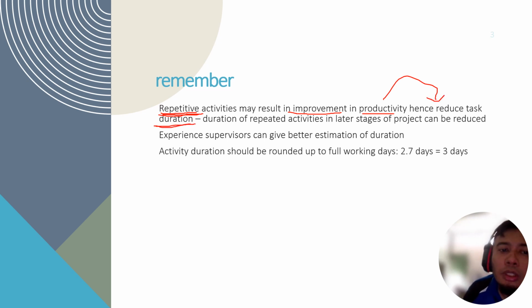So you can reduce your activity duration should the activities be repeated many times throughout the project. The first one will be a little bit longer than the subsequent repeated activities. It is a logical assumption for you to reduce the duration of activities, should there be a need to reduce the duration.